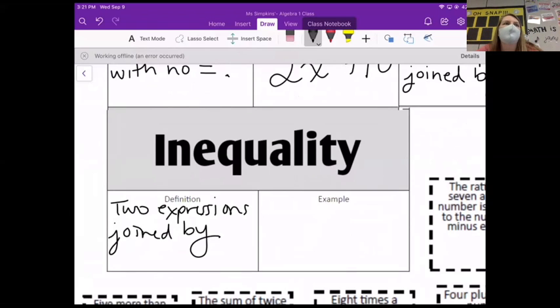What are the 4 options for inequalities? Does anybody know? So we have less than, we have greater than, we also have less than or equal to, or greater than or equal to. Have you seen those symbols before? Okay, beautiful.